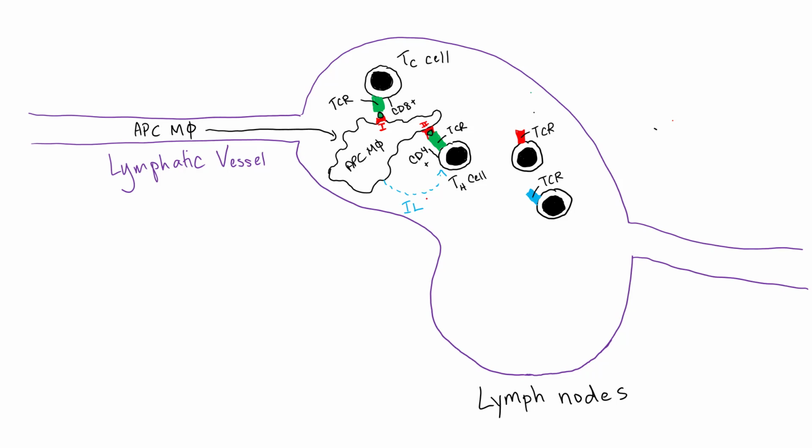That's going to activate the helper T cell. And then we also get a signal from that antigen presenting macrophage to the cytotoxic T cell. And we also get an interleukin signal from the helper T cell to the cytotoxic T cell. So this is the activation of a helper T cell and a cytotoxic T cell. And what's going to happen next is they're going to divide.